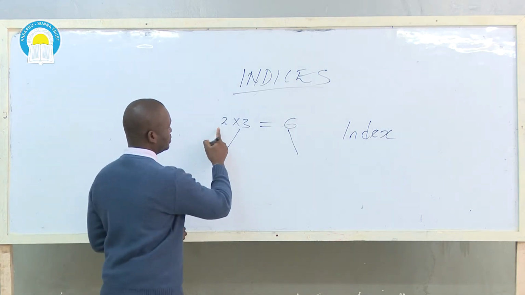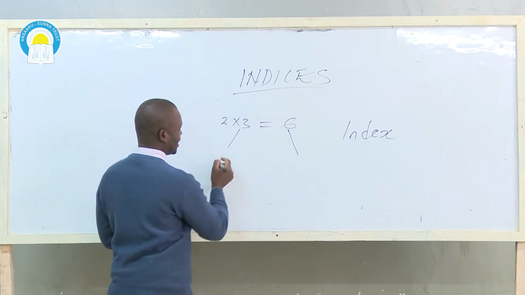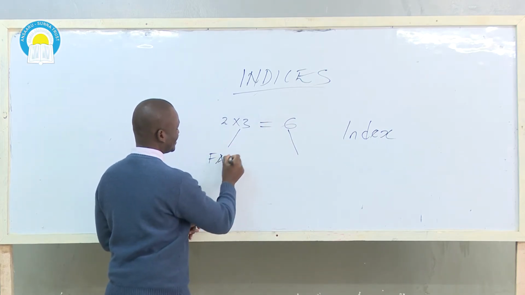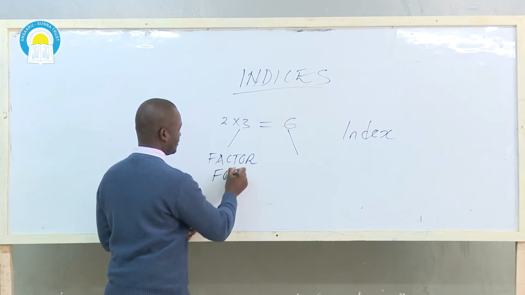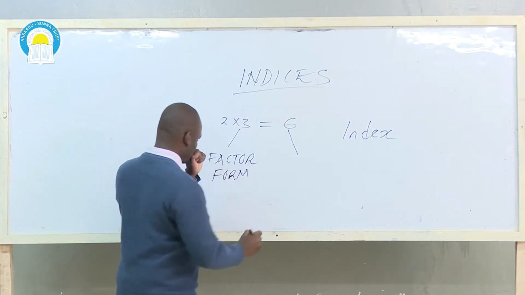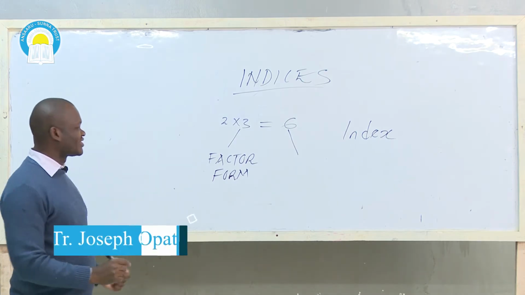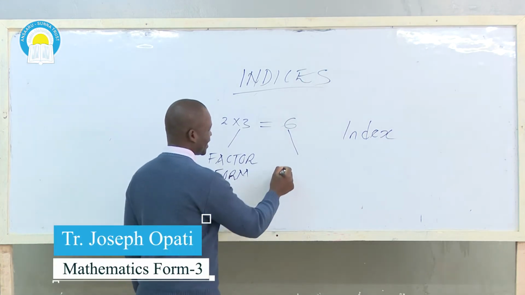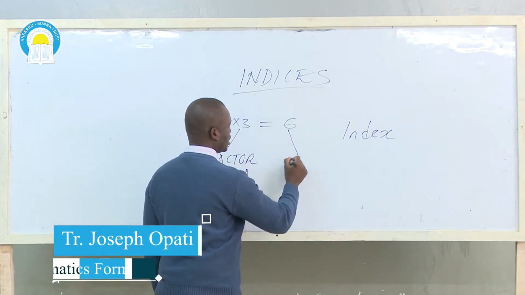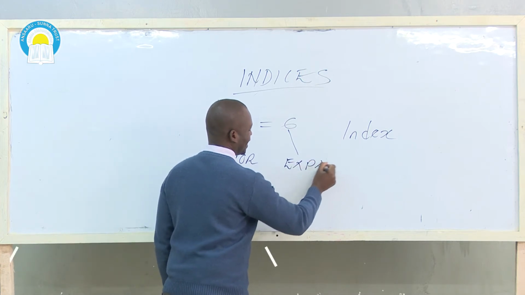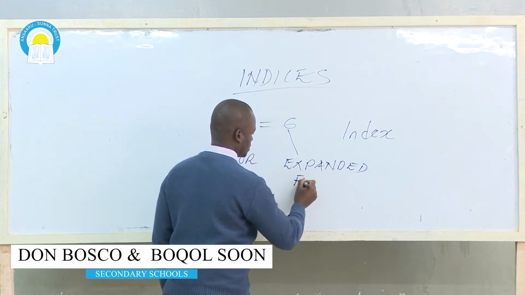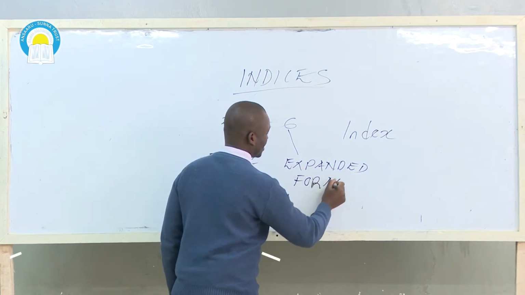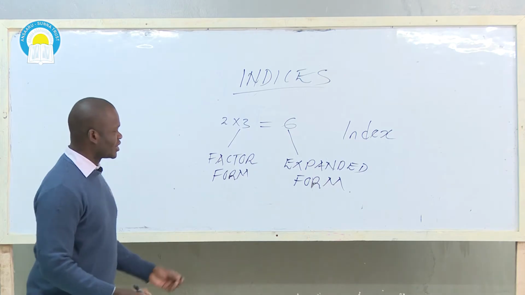So 2 times 3, we say this is a form we call a factor form. Now, what about 6? 6, we are saying, has assumed what we call expanded form.